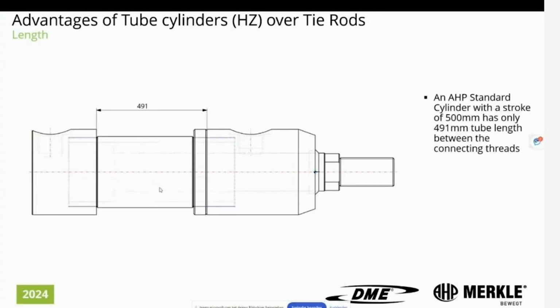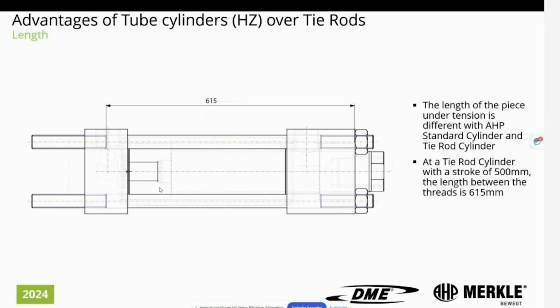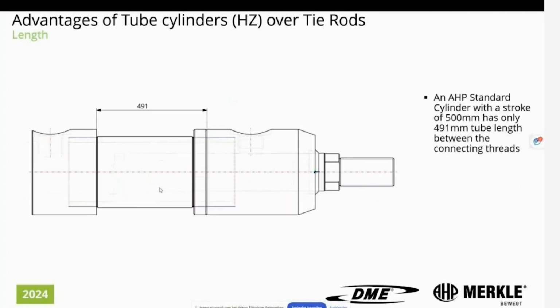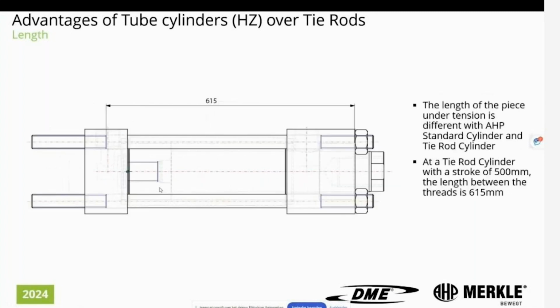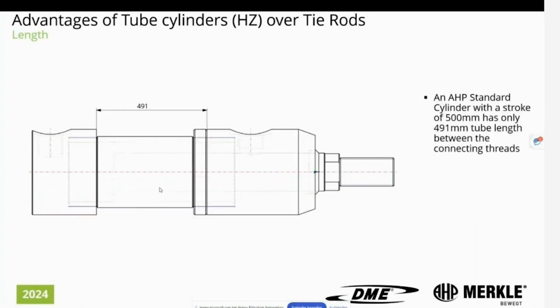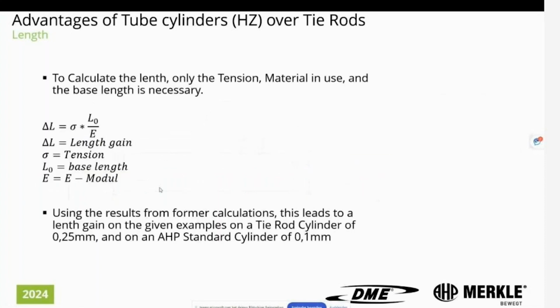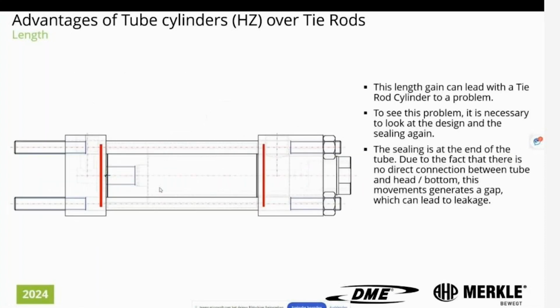Okay, so also we can see regards dimensions once more. Our solution for a tube cylinder is smaller than a tie rod, only for you to see and compare. Now, this is a formula.